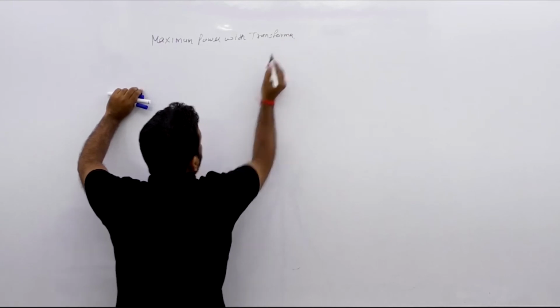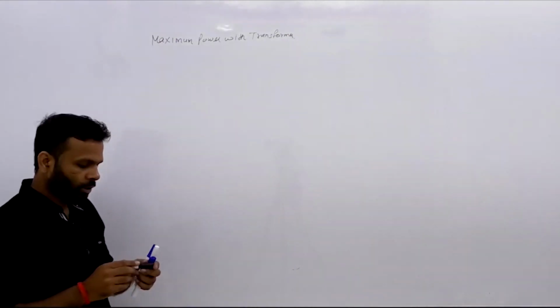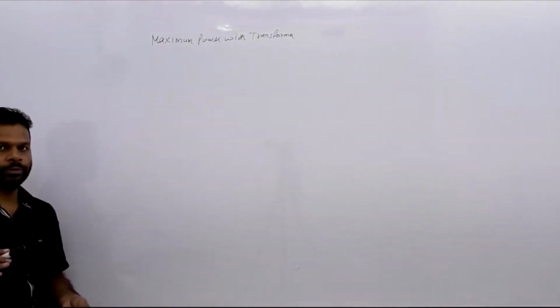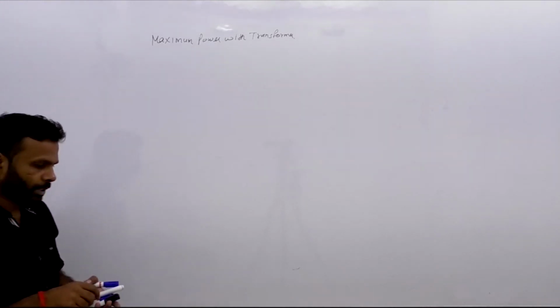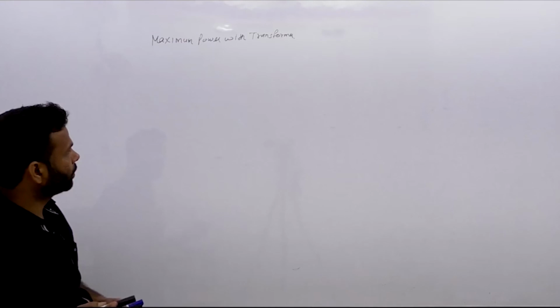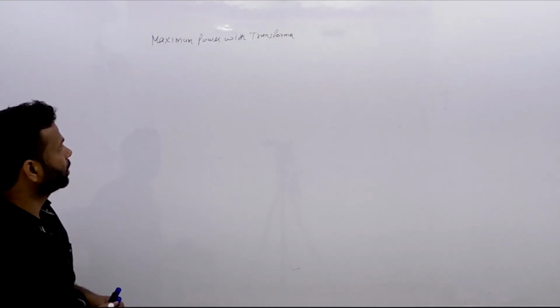Now I think you have basic knowledge of transformer, so I will assume that you all have the basic knowledge of transformer, otherwise your transformer lecture will cover all the details.